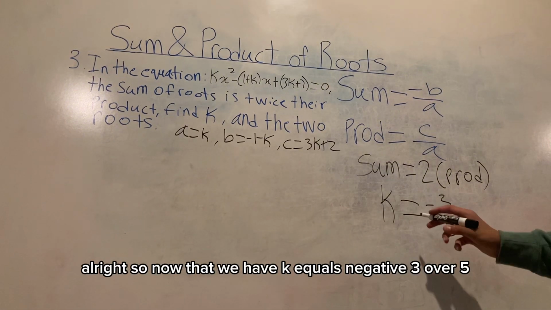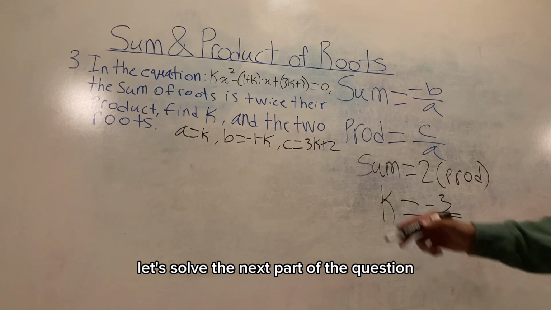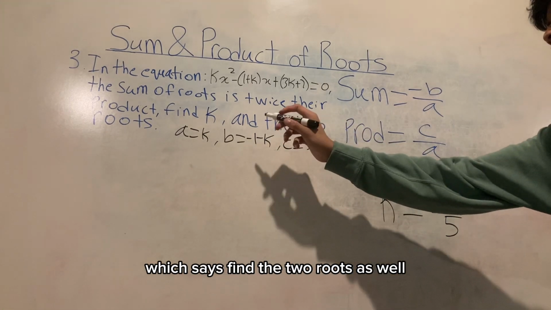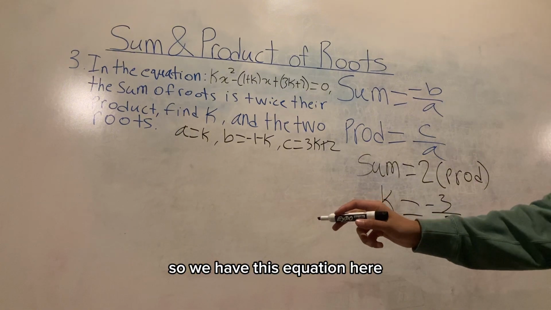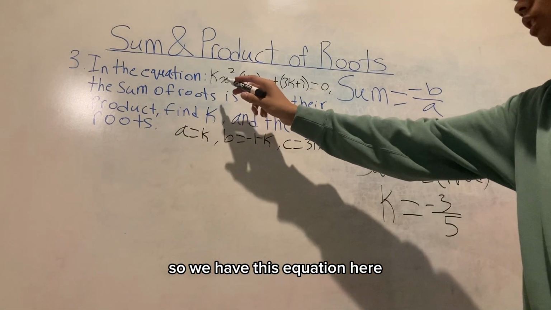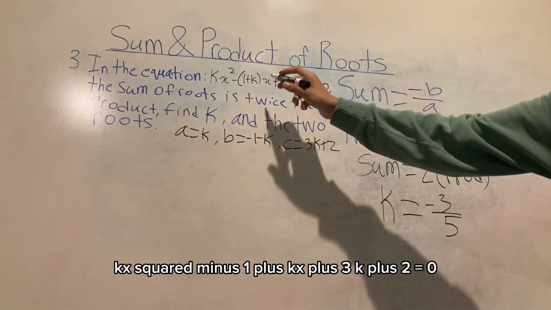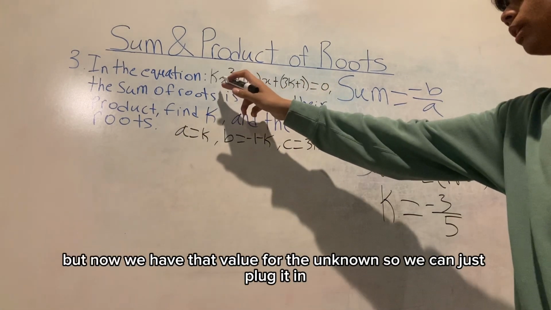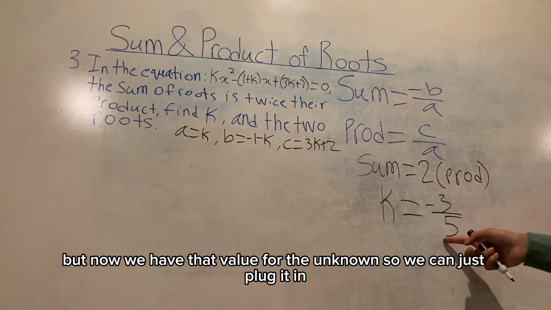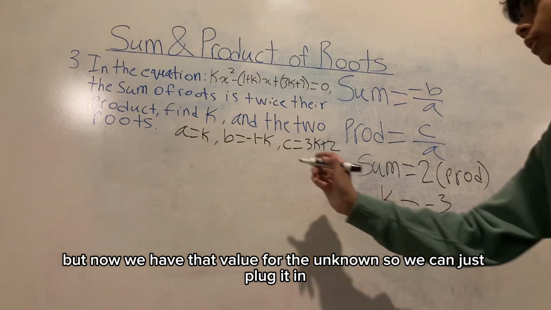Alright, now that we have k equals negative 3 over 5, let's solve the next part of the question, which says find the two roots as well. We have this equation here, kx squared minus (1 plus k)x plus 3k plus 2 equals 0. We had an unknown variable, but now we have its value, so we can plug it in.